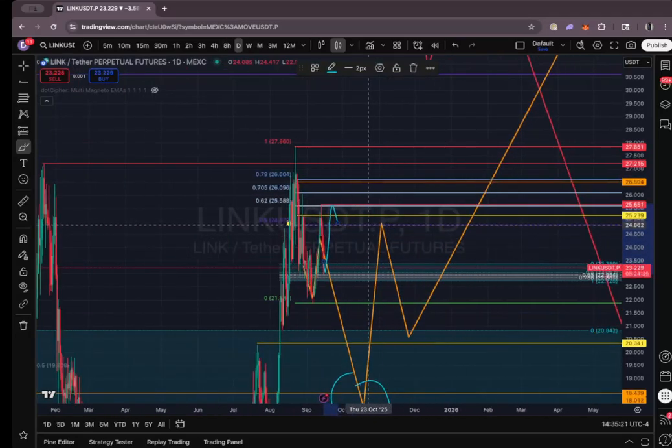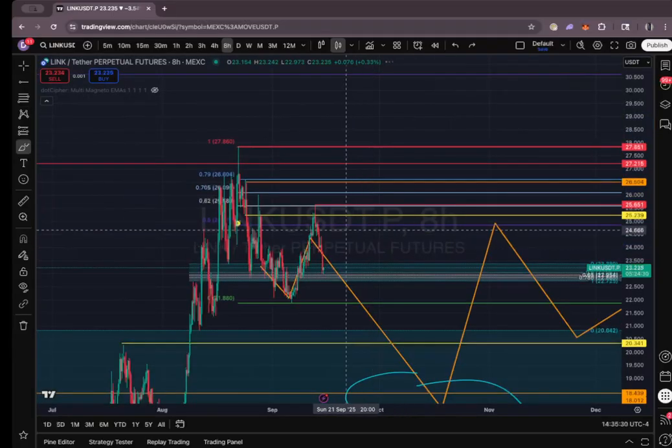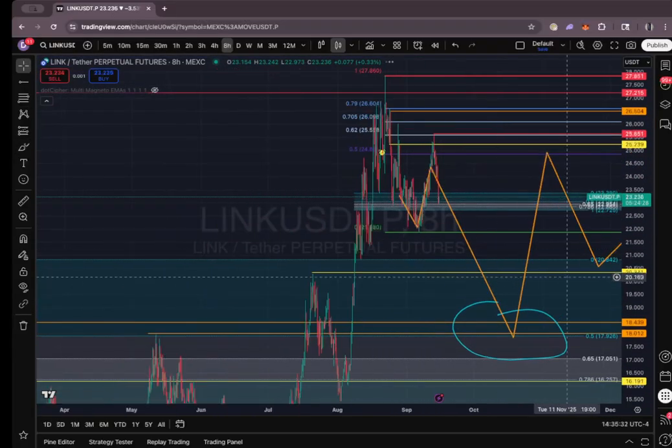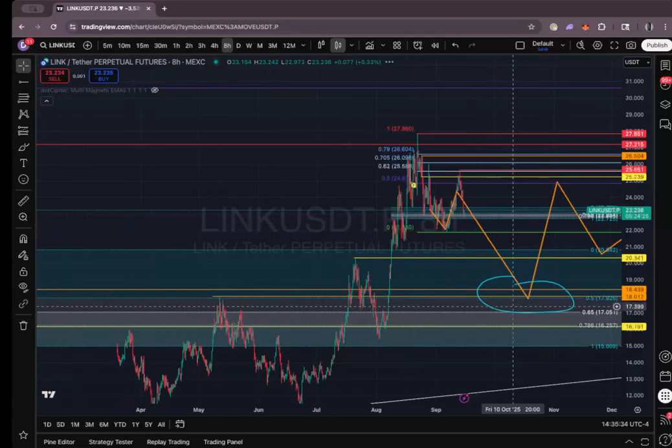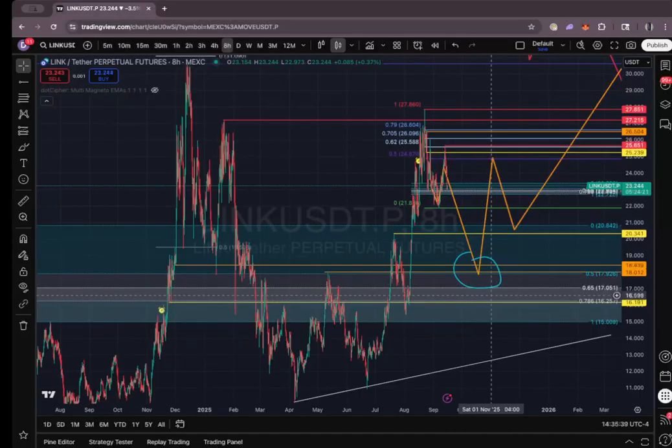If we can close above 25 on a daily, then it would invalidate this. Otherwise, I'm not touching Link with a 10-foot pole until it gets under 20, ideally $18 to $17. I have this circled for a reason.